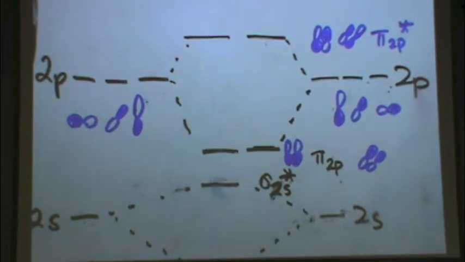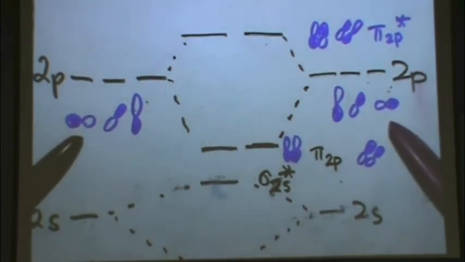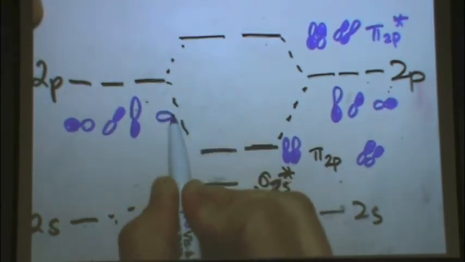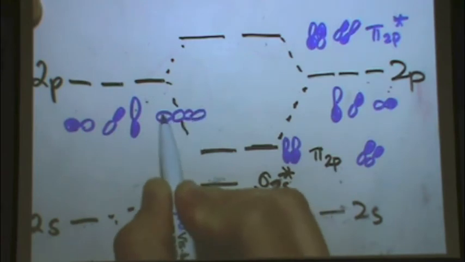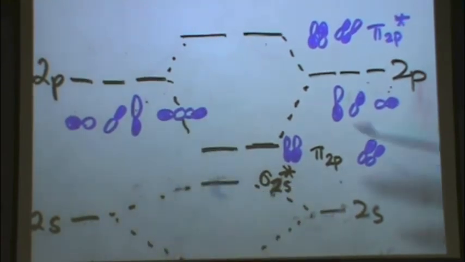Now there's one that we haven't looked at. It's the one, these here. We haven't looked at these yet. Let's bring these two together now. We'll look something like this. Okay. Is that a sigma or a pi? That would be a sigma. The overlap happens between the center points.